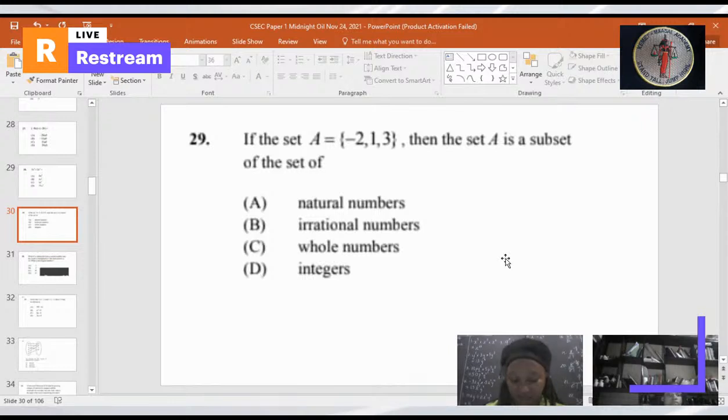Correct. Natural numbers are only the counting numbers, the positive ones. Whole numbers are the natural numbers plus zero. And the irrational numbers have no fixed value, they just go on and on and on. So the integers include the negative and positive whole numbers.